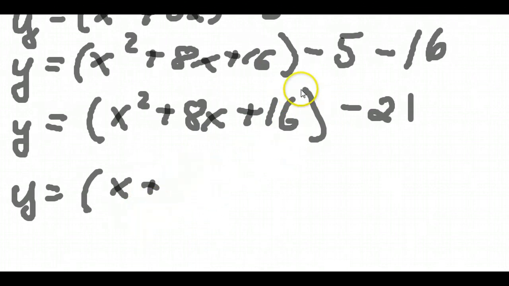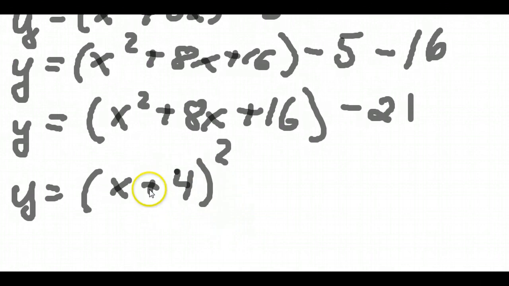So remember, basically, it's when you have your b term, that's going to be what your x plus your factorization is. x plus 4, right? Okay, so you have x plus 4 squared. We all agree that's the factorization of x squared plus 8x plus 16. Okay, so now we have y equals open x plus 4 closed squared minus 21.